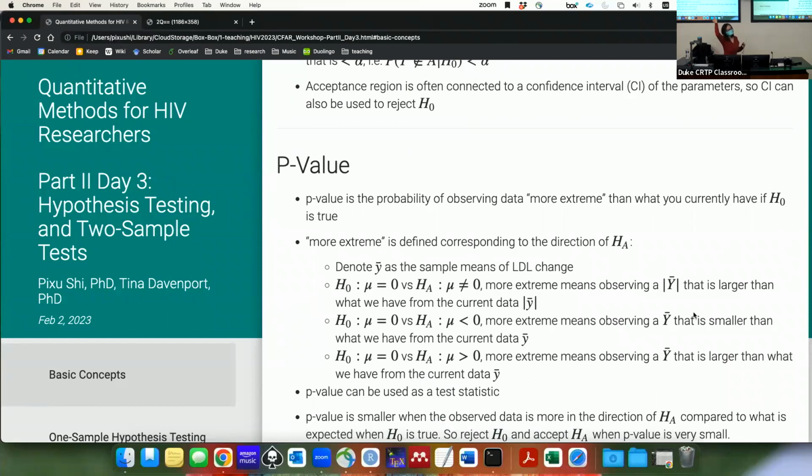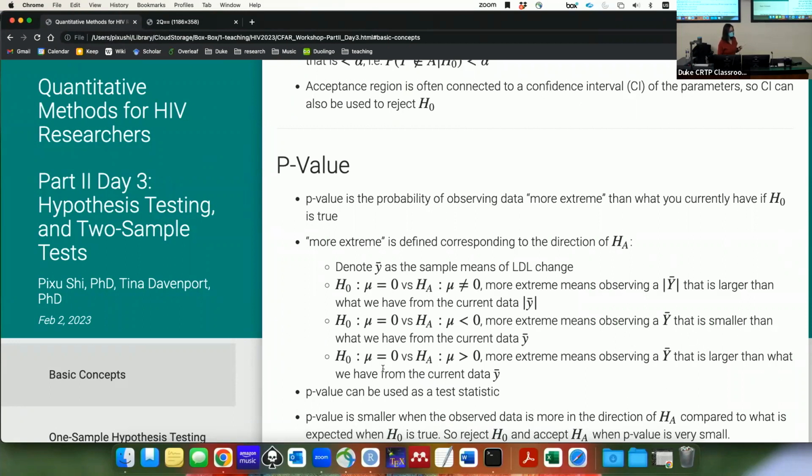If your mean is very, very large, that doesn't mean that it is too extreme for the null, because in this situation, you never really consider mean increasing. You only consider mean decrease or stay unchanged. So the direction of more extreme means that y bar is actually too small for the null hypothesis. And for this one, by too extreme, we mean that y bar is too large for the null hypothesis.